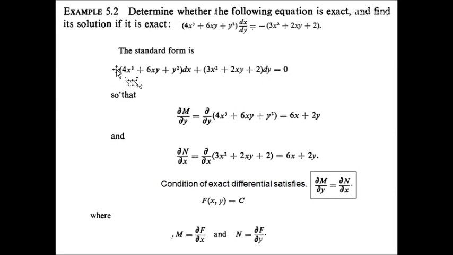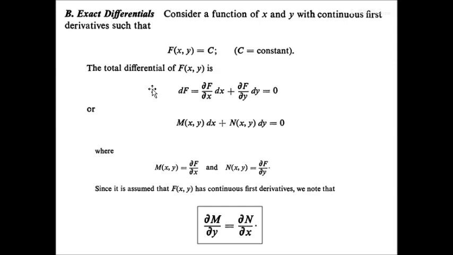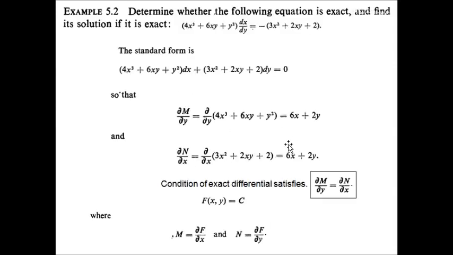And this equation, now I can compare with the initial one, that is M(x,y) into dx plus N(x,y) into dy equal to 0. Now del M by del y, if you differentiate this equation, will be 6x plus 2y.